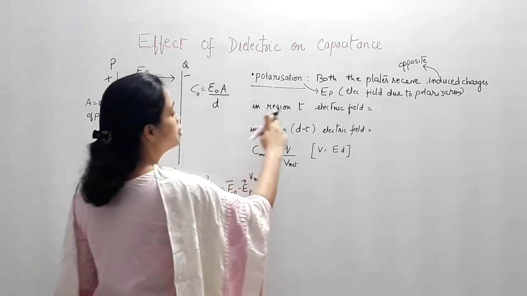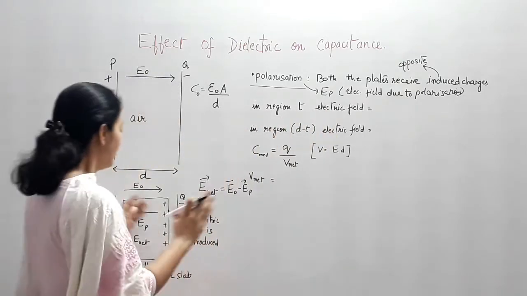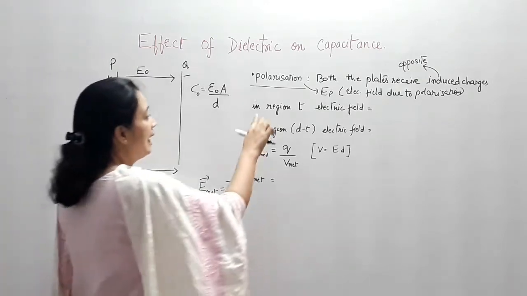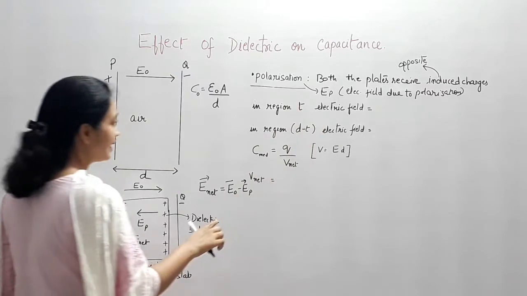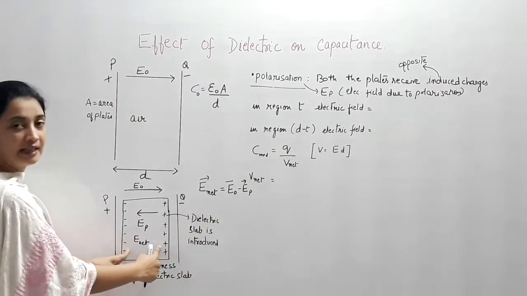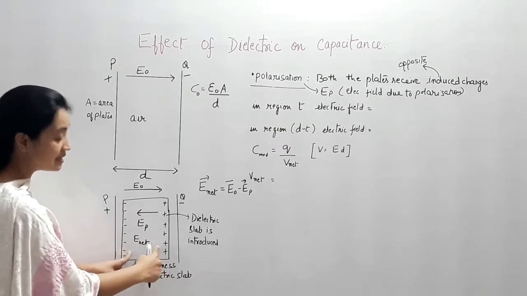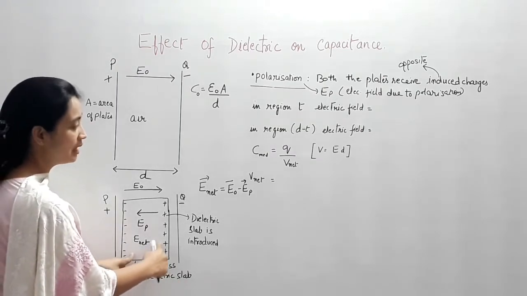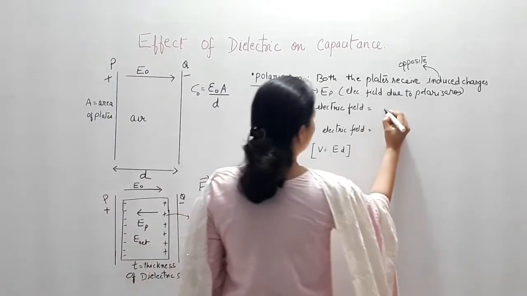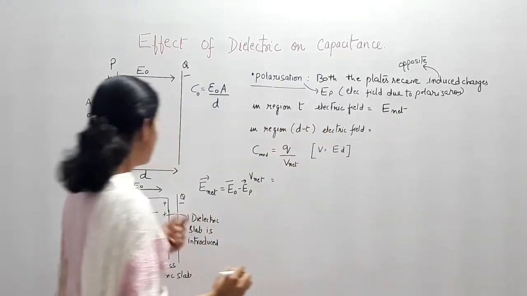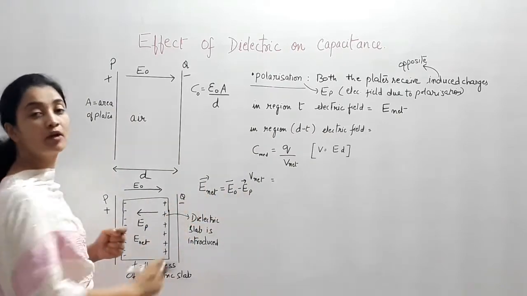So there are two types of regions now. There is a division or separation of regions. In region T, that is inside the dielectric, this is the thickness we have written for the dielectric slab, the electric field will be E net, that is applied minus polarized.